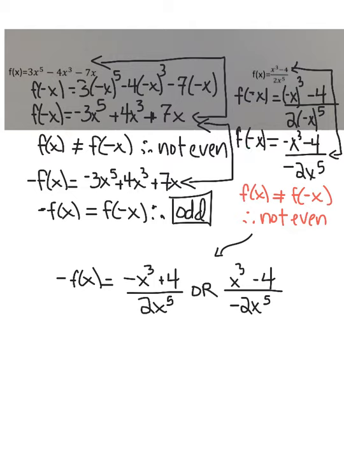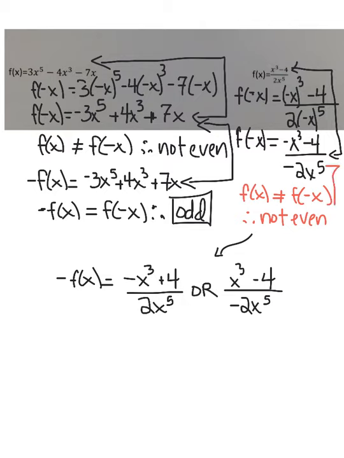Well, if you look up here, I have a negative x cubed. That's a negative x cubed. But here I have a negative 4, and that's a positive 4. So that doesn't work. And right here, I have a negative 4 like this, but this is a positive x cubed, and that's not. So hopefully you see that we don't have an odd function either.